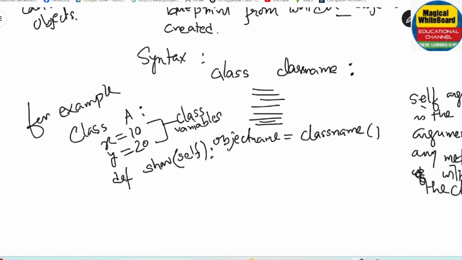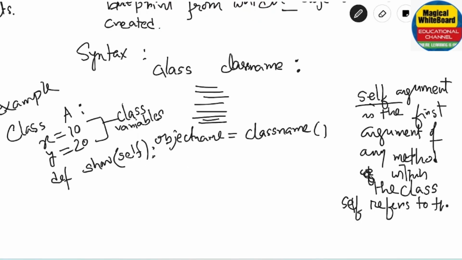When you define any method, the first parameter should be self. It refers to the object of the class. We can use any members of the class with the help of the self parameter.